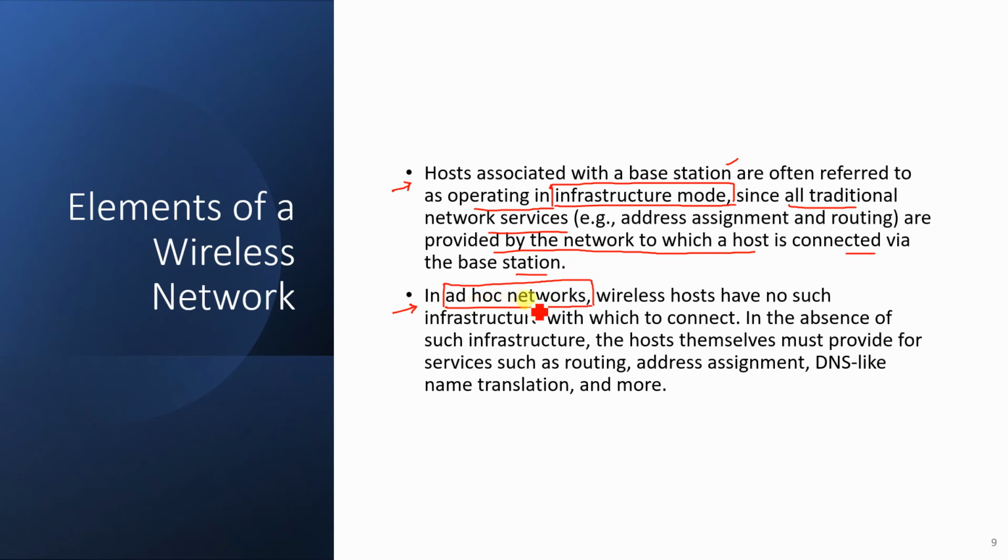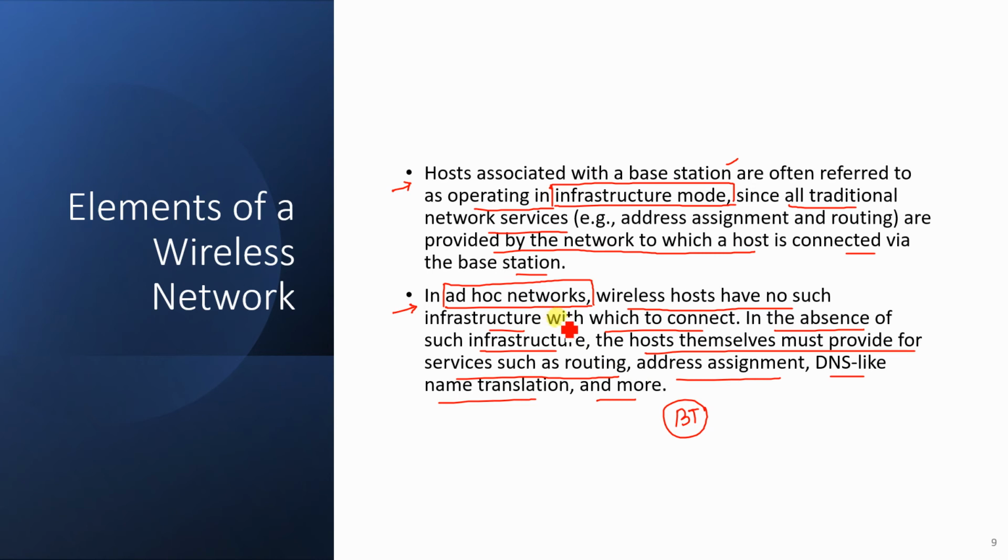In an ad hoc network, no infrastructure is needed. In general, the wireless hosts have no such infrastructure with which to connect. In the absence of such infrastructure, the hosts themselves must provide services such as routing, address assignment, DNS-like name translation and more. You can take the example of a Bluetooth connection.